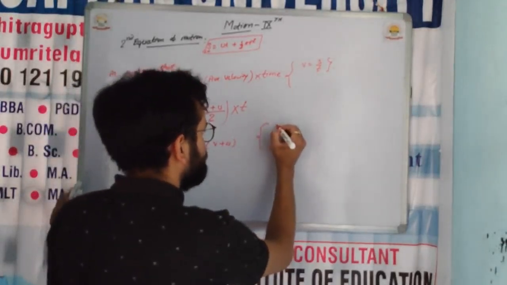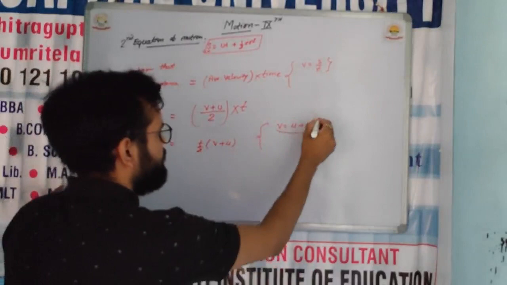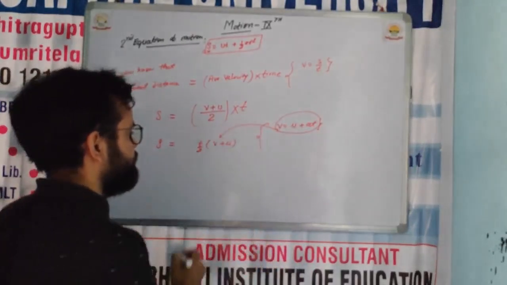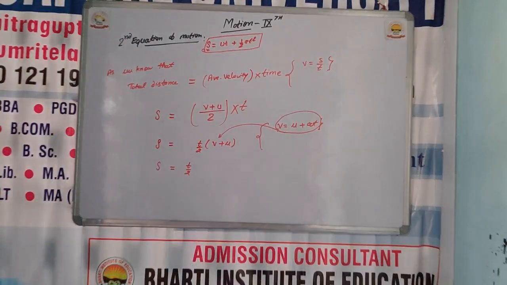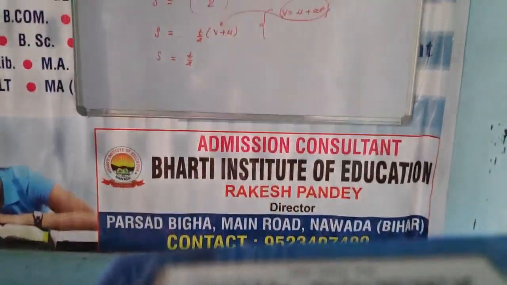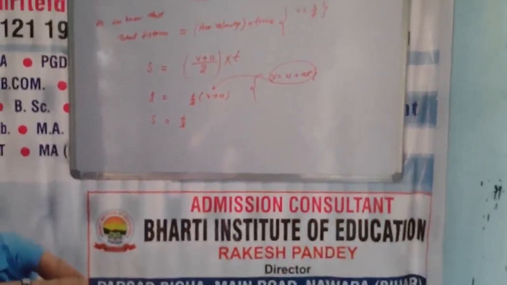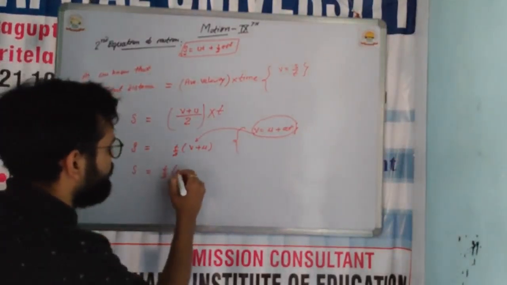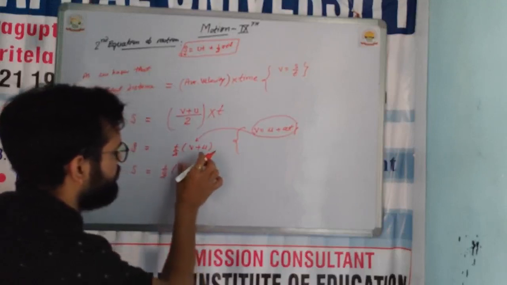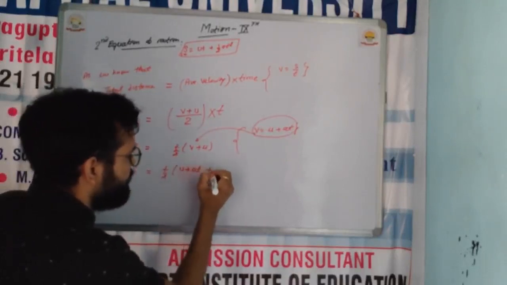From the first equation, what is it? v equal to u plus at. So on putting the value of v from the first equation over here, we get s equal to t by 2 into v plus u; sorry, over here put the value of v, which is u plus at, plus u.